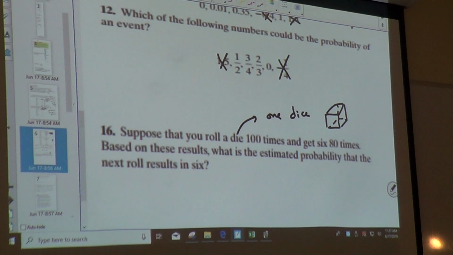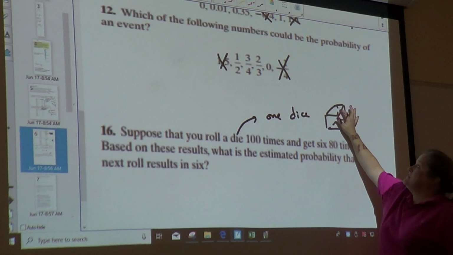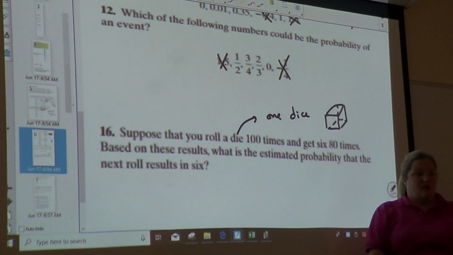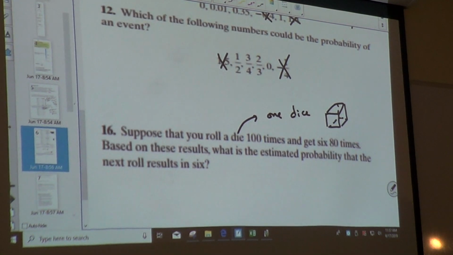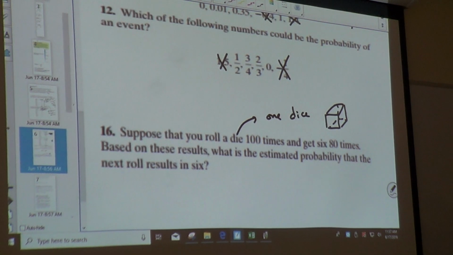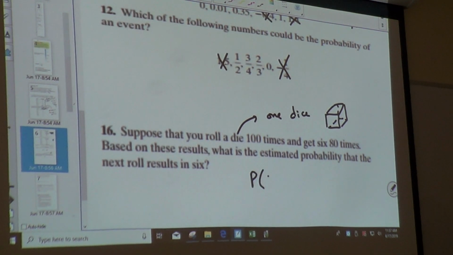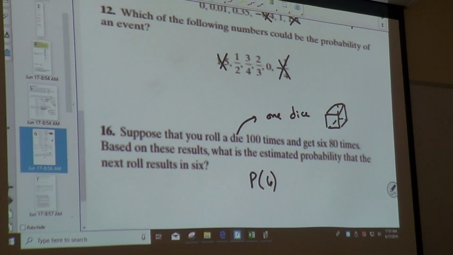So if I take this die and I roll it 100 times and I get a 6 80 times, I want to know the probability of getting a 6. So I am asking you, what is the probability of getting a 6? What makes me happy is if I get a 6.